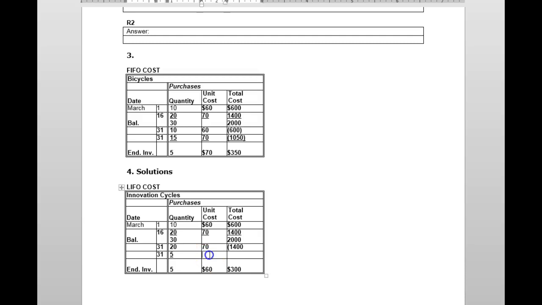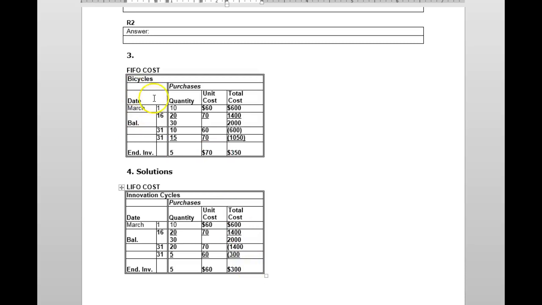And you take 5 out at 60. So this becomes 300. So your cost of goods sold now would be these two numbers combined, which is 1,700. And the amount left in is 300.